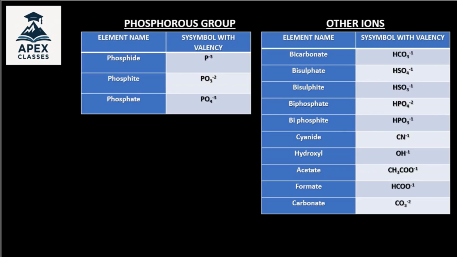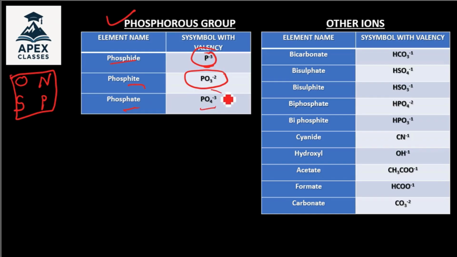Among the other anions, the first is the phosphorus group: phosphide. Always remember, in the modern periodic table oxygen has sulfur below it, and nitrogen has phosphorus below it. Remembering this sequence makes it easy. Nitride was N³⁻, and phosphide, being in the same group, will be P³⁻. Nitrite was NO2⁻, but phosphite is PO3²⁻. I know it is a little confusing, but trust me, I will show you how these form. Then phosphate is PO4³⁻.